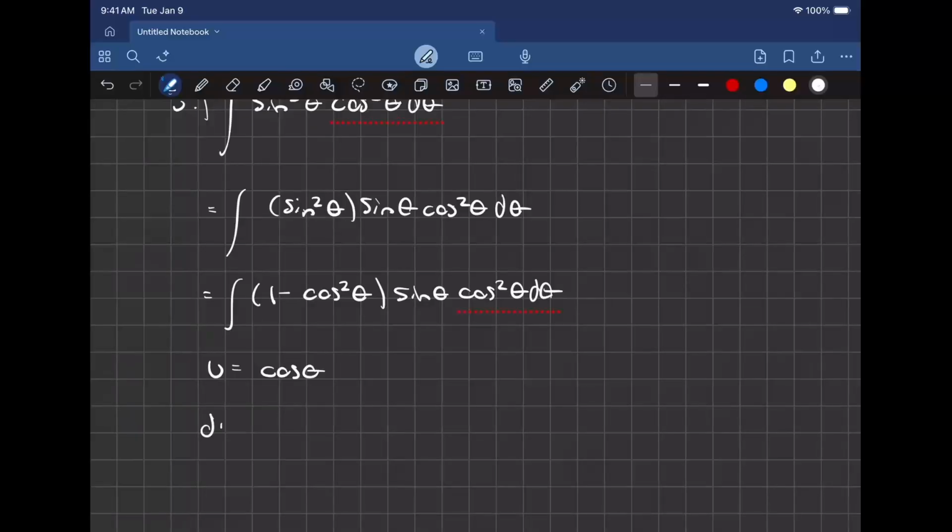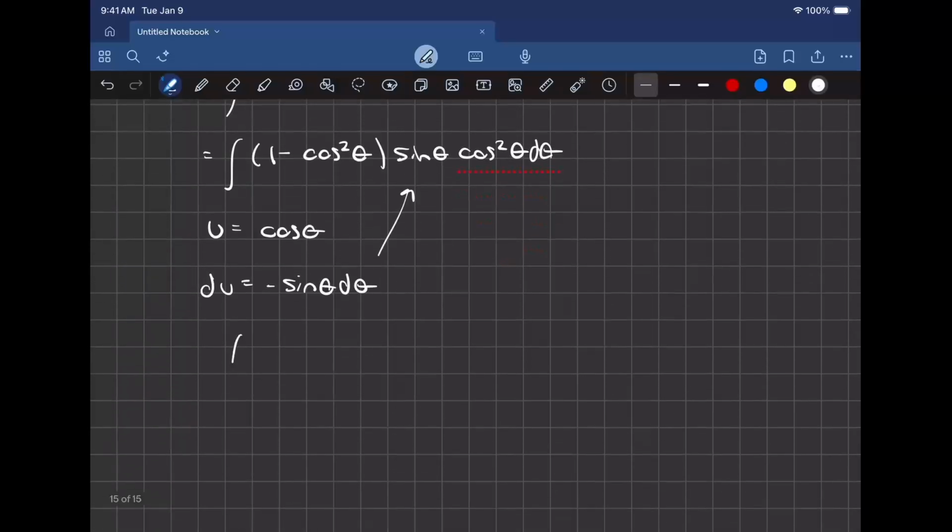So our du is negative sine theta d theta. This sine theta gets collected here. So we'll have, pull out a -1, the integral of 1 minus u squared times u squared du. Open our parentheses a little bit. We'll have u squared minus u to the 4th.